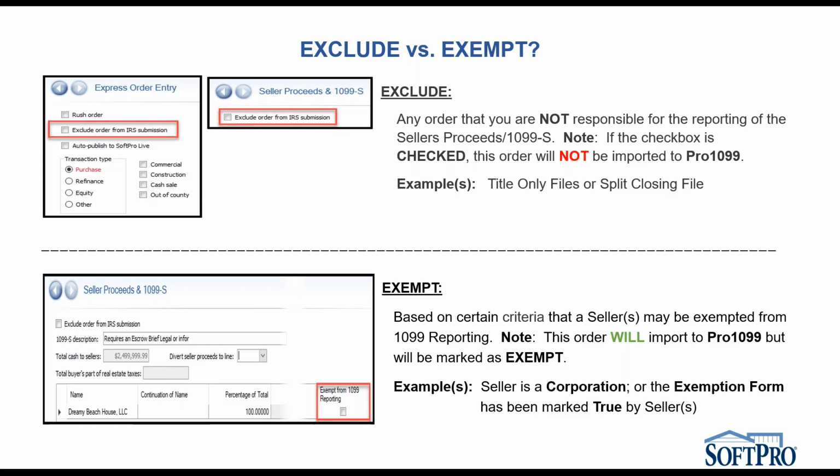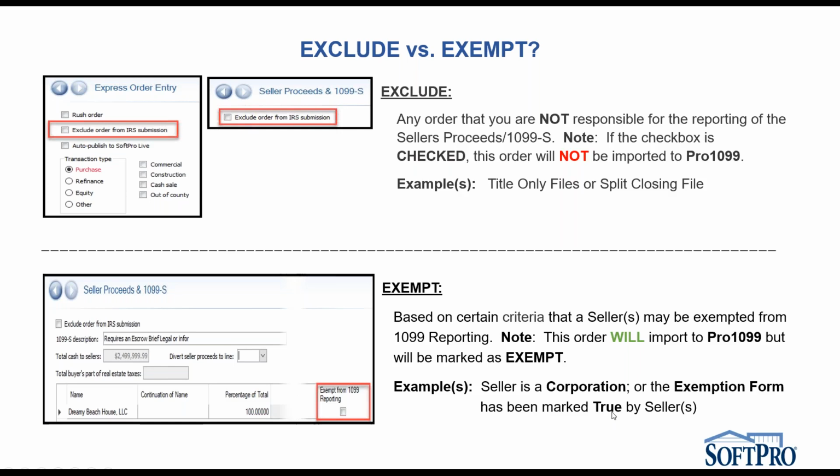And in that instance, for both Classic and for Select, they would check off in the 1099 proceeds screen, they would check off the exempt from 1099 reporting because again, they met the classifications of that either the seller is a true corporation or the exemption form was marked true on all questions by the seller.